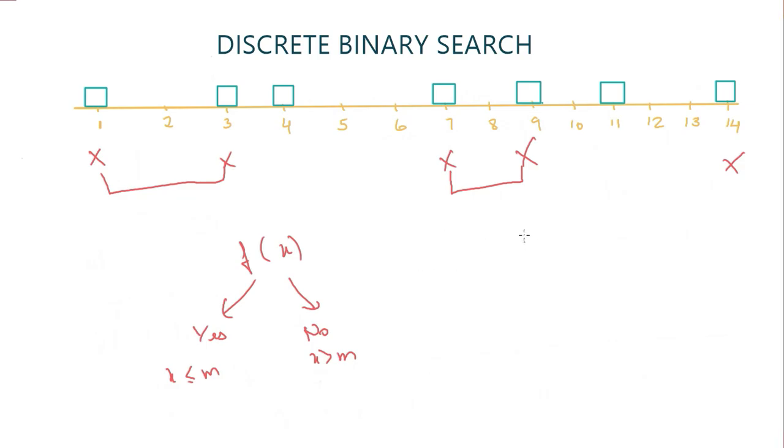The constraints which are given in the problem were n in the range of 10 power 5, and the number of cows, which is less than or equal to n, is also obviously in the range of 10 power 5. And on this number line, the coordinates, so the value of x, is in the range of 10 power 9.